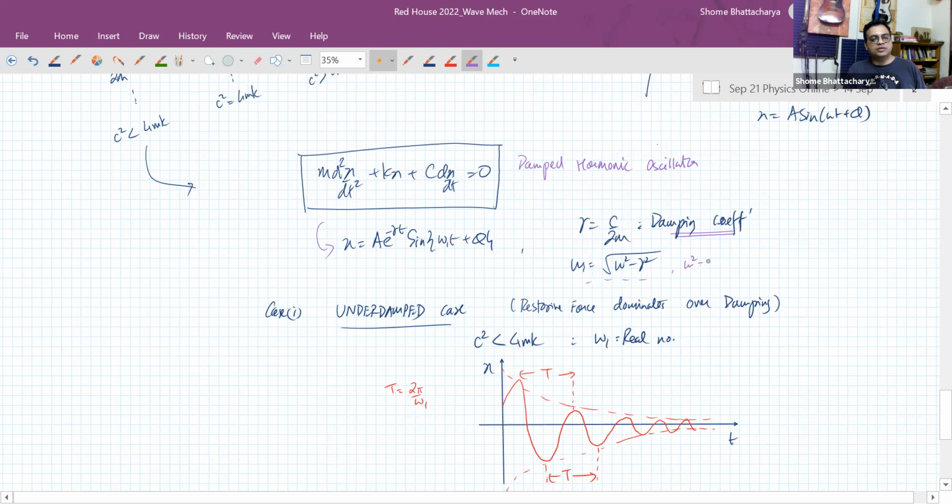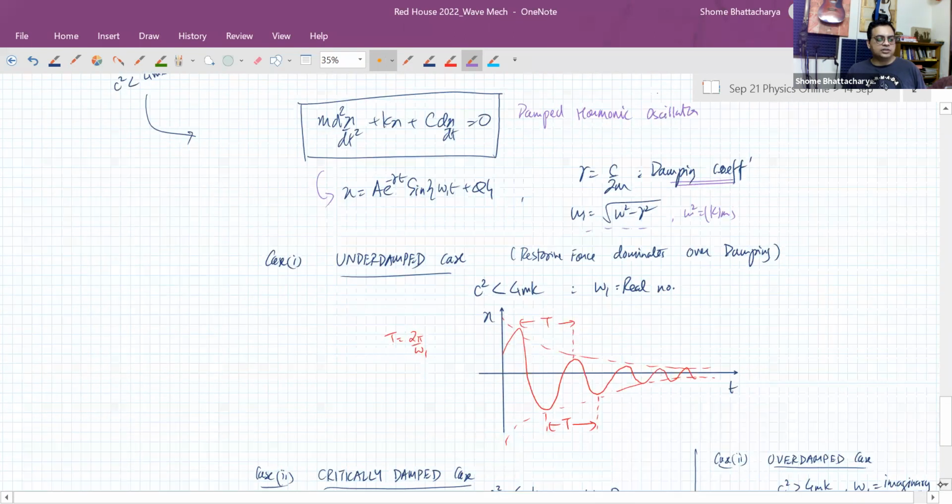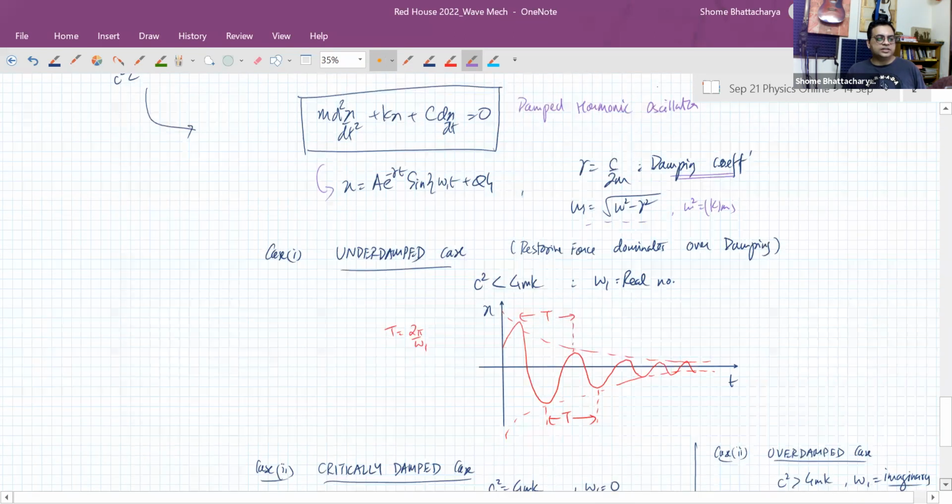Of course, you remember omega square is k by m. If you put c as 0, then it reduces to a regular SHM, a sine omega t plus phi. But otherwise, it is this kind of damped oscillation, which can have these three different cases.